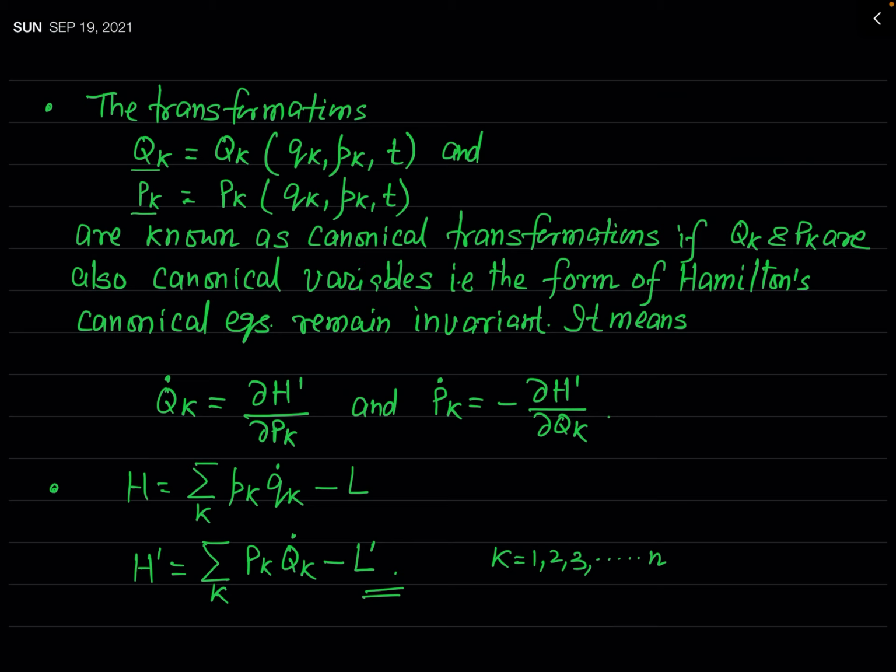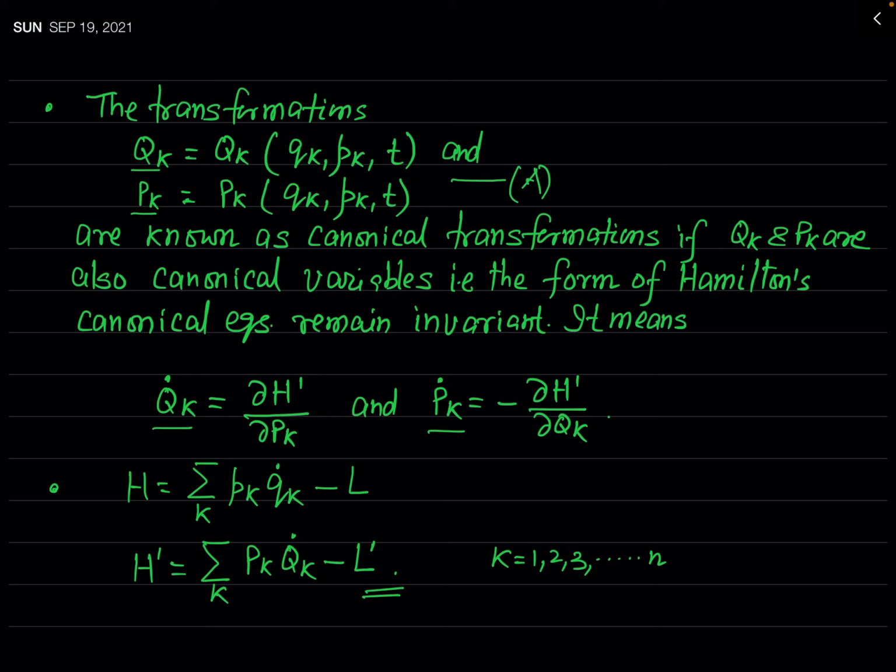That is, QK dot is equal to del H prime by del PK, and PK dot is equal to minus del H prime by del QK. Because you know these are the forms of Hamilton's canonical equations. So if these Hamilton's equations of motion are satisfied, only then the transformation defined by these equations, let us say in equation A, is known as canonical transformation.